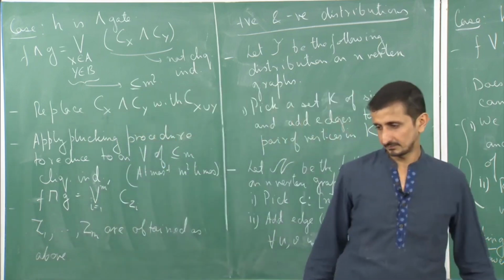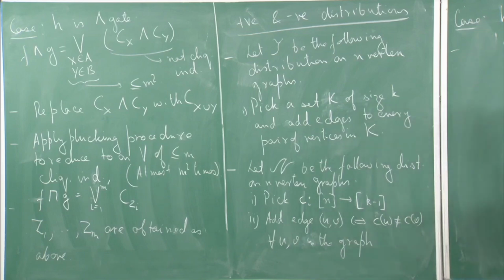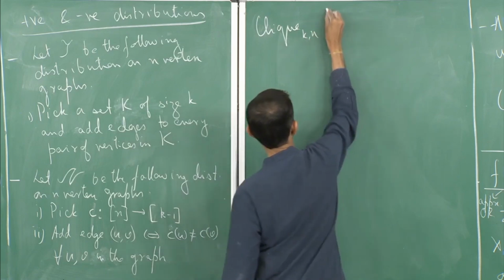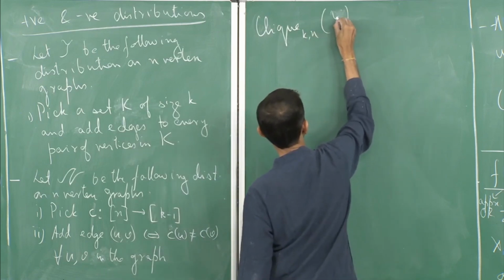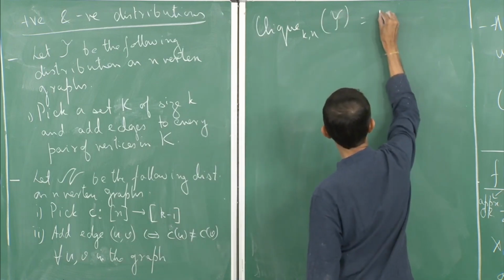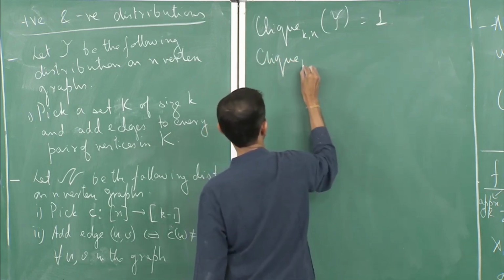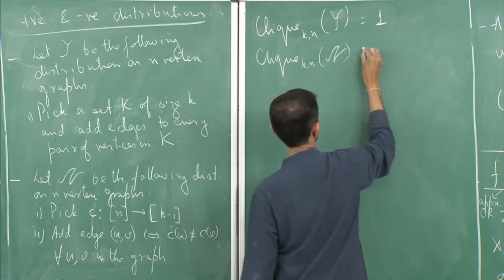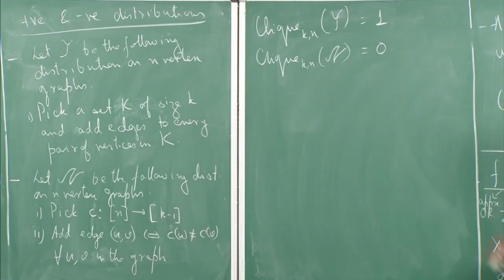So I can write this as follows: if I use the clique function that we defined at the beginning, clique k comma n of this yes graph is equal to 1 and clique k comma n of this no graph is 0. Okay. That is it.